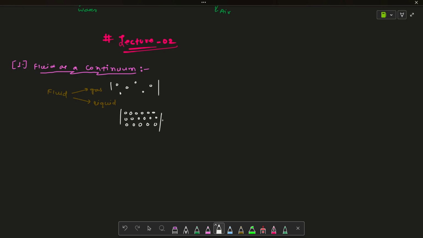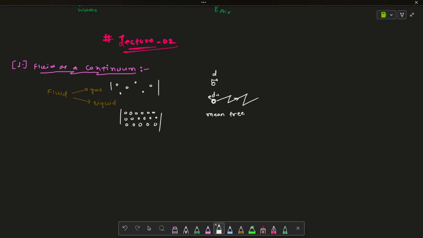One more thing that we have to notice: if a molecule is there, let's suppose the diameter of the molecule is d, and the mean free path of this molecule is very large compared to the diameter of the molecule. As you all know, you have studied this in your school days. This is the molecule with diameter d, and it does some random motion here and there, like a zigzag motion. So there is one term known as mean free path.